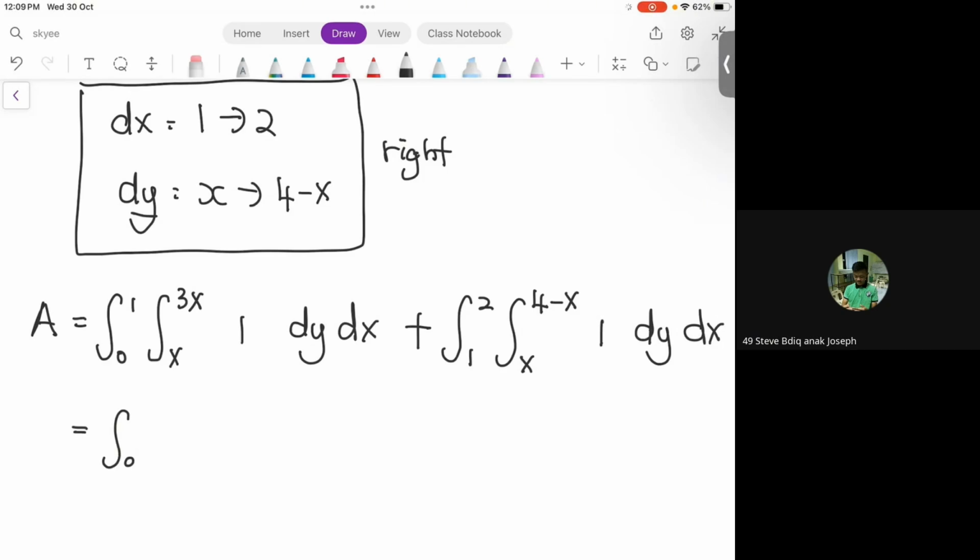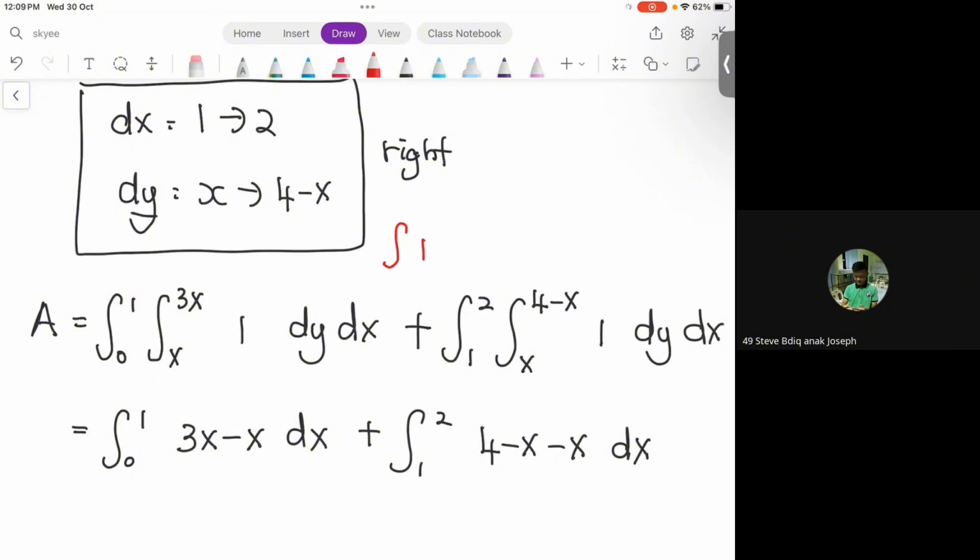0 to 1, so it will be 3x minus x dx plus 1 to 2, 4 minus x dx. I skip the step. Because when you integrate 1 dy, you will get y.